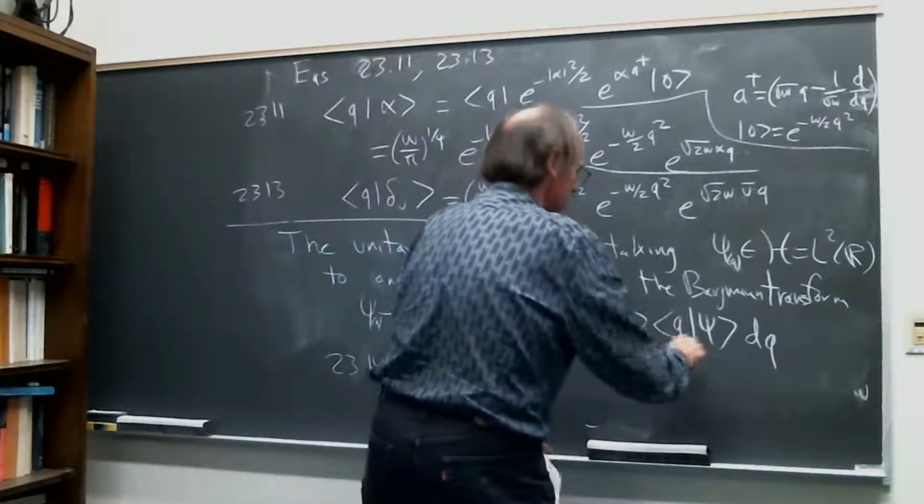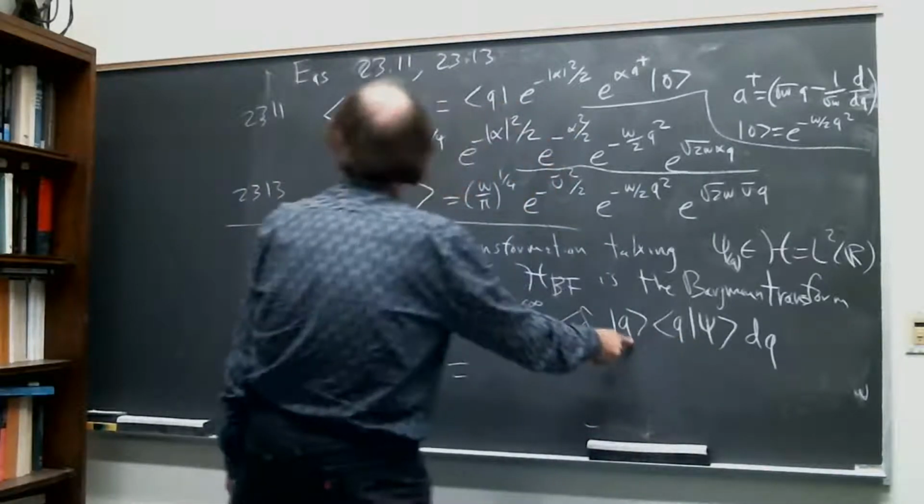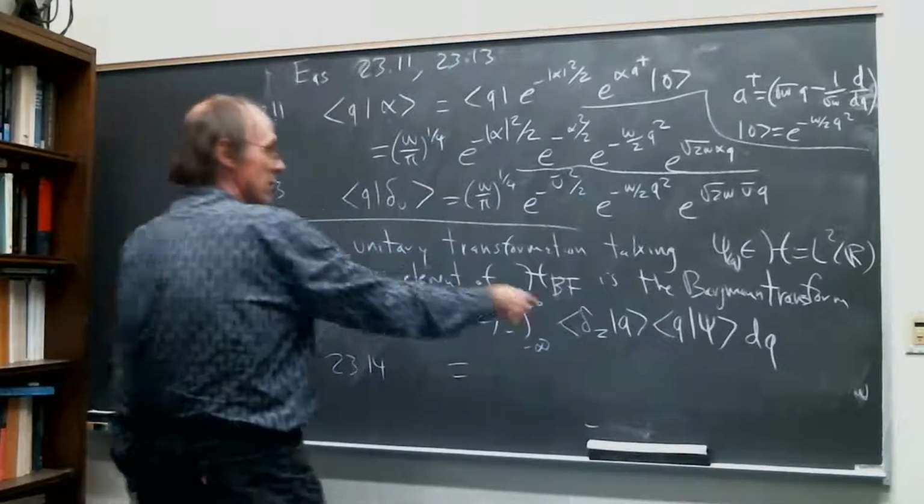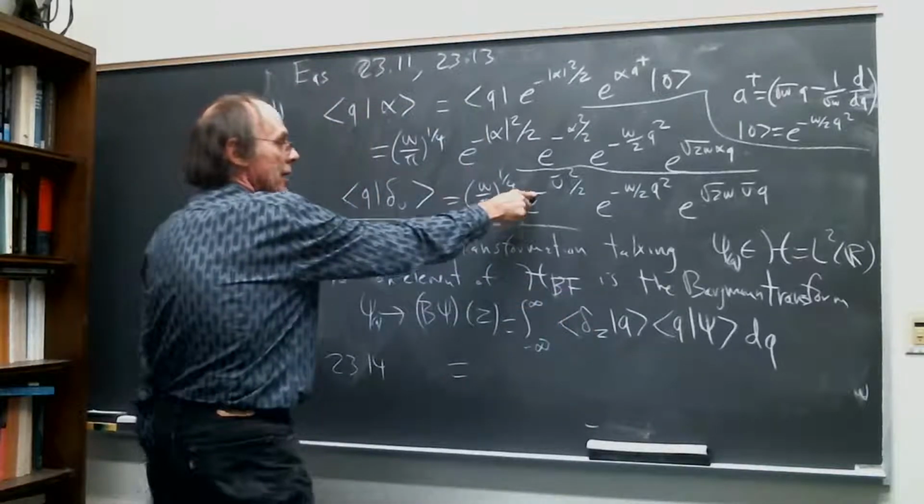So this guy is just psi of Q, and this guy here is just the conjugate of what I had here.